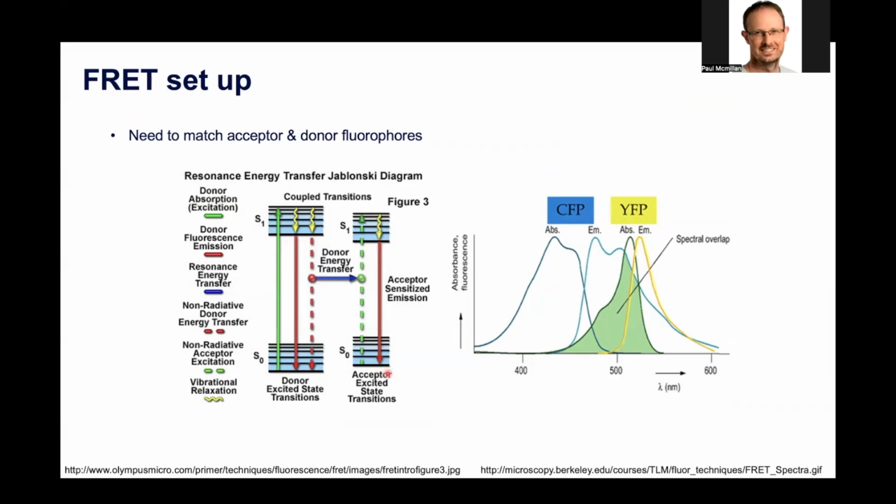One of the key things when designing your experiments for FRET is that you want to make sure that the emission curve of your donor, in this case CFP, overlaps quite a large bit with the excitation curve of your acceptor, which is the YFP molecule here. So this area in green you want to be as large as possible for most efficient transfer of the energy.